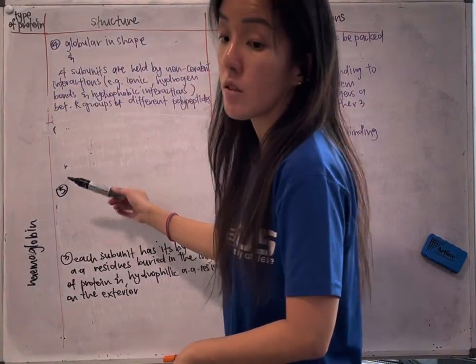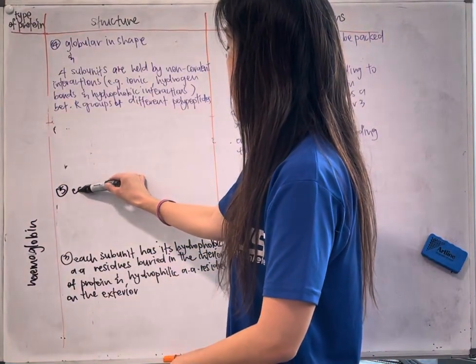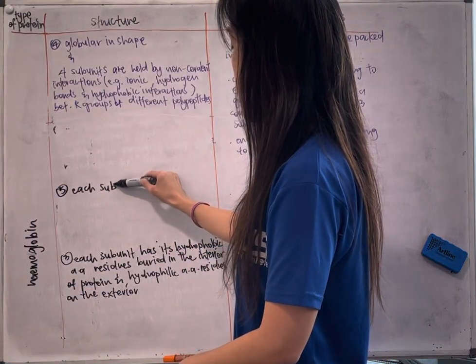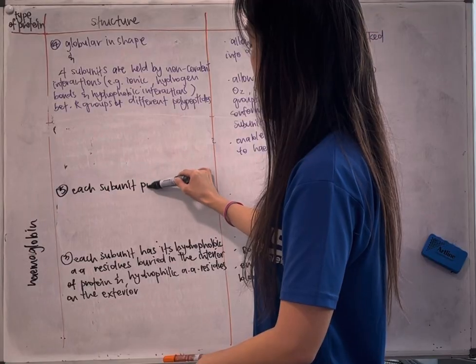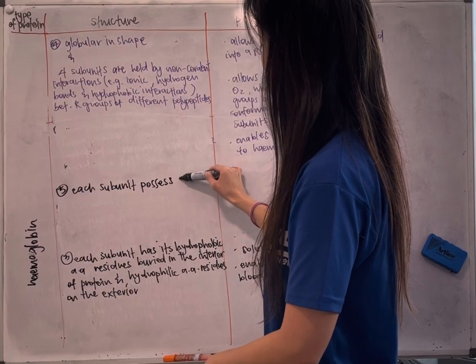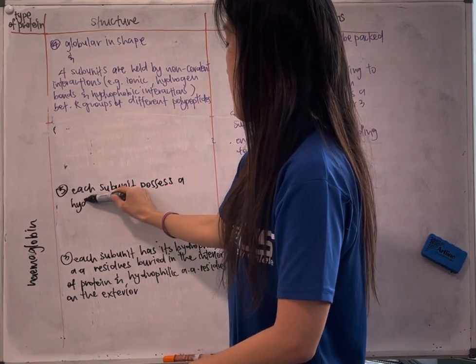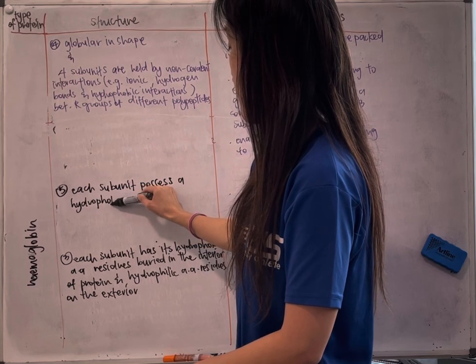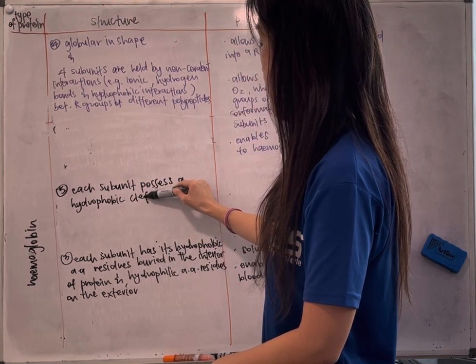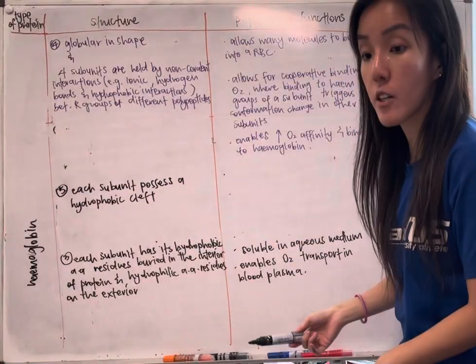Point 5 is, we can say how each subunit creates a region, an environment.